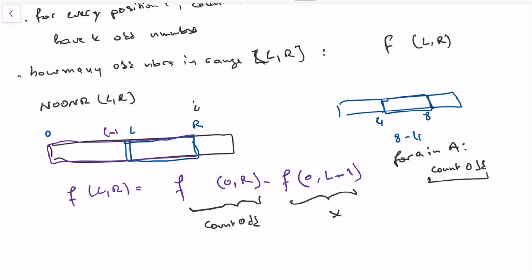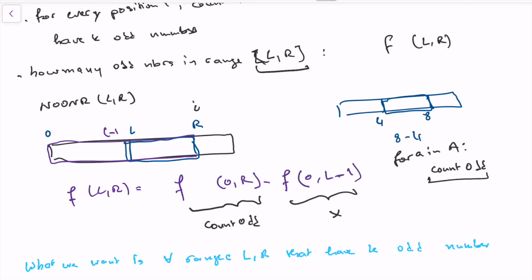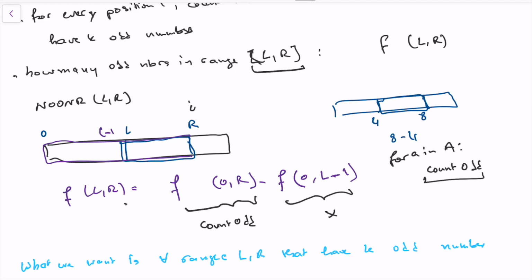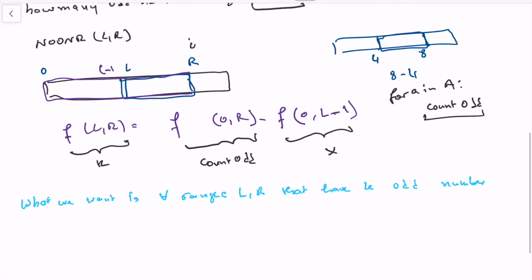And what we want exactly is to find all the ranges that have k odd numbers. So what we want is for this value here to be equal to k, since this value is the number of odd numbers in a range, right?